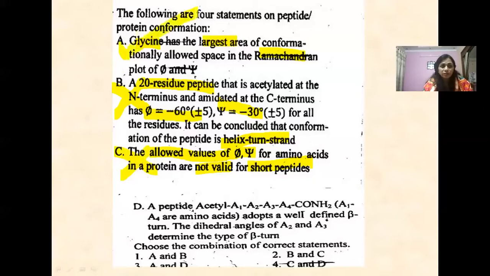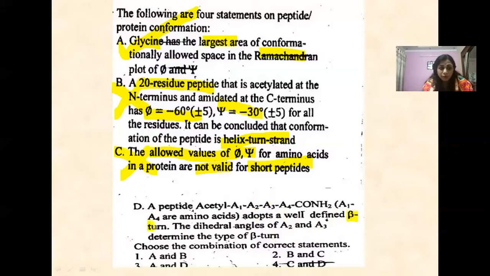This is the right one, right? Now a peptide: acetyl A1, A2, A3, A4. These A's are the amino acids. So we have 4 different amino acids, and on the first amino acid there is the acetyl group, and at A4 there is the amide group, CONH2 group, right? What it says is that this kind of peptide adopts a beta turn.